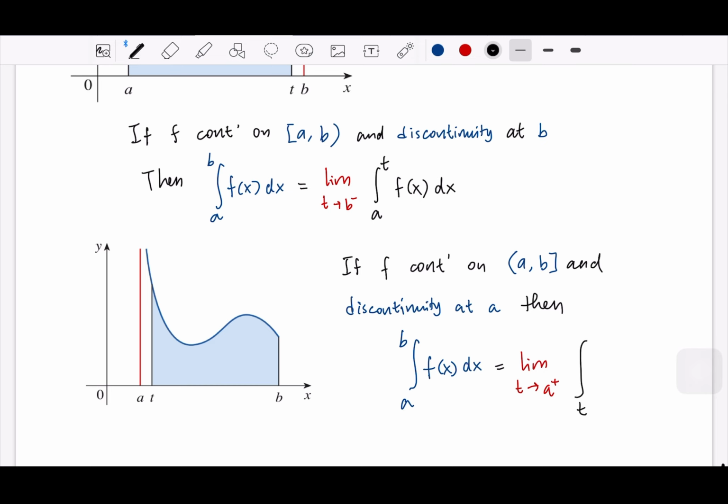So then we can take the integration with variable t to calculate this integral, and then we can take the limit.